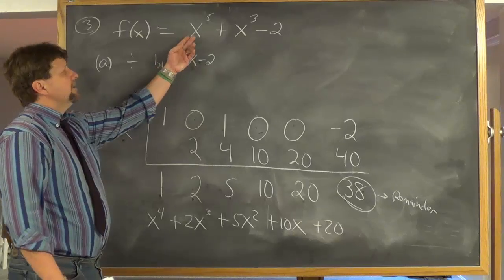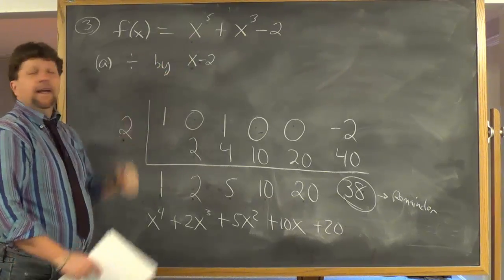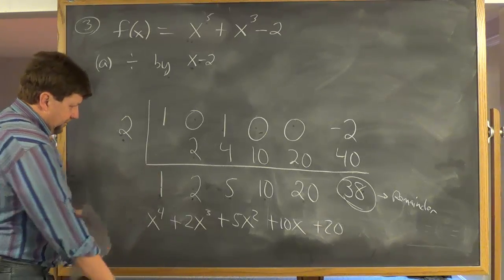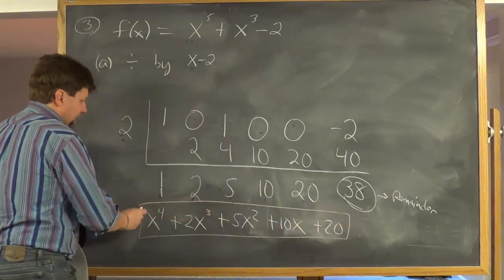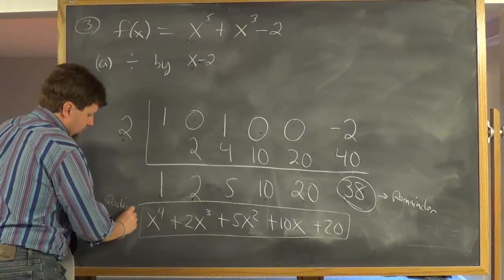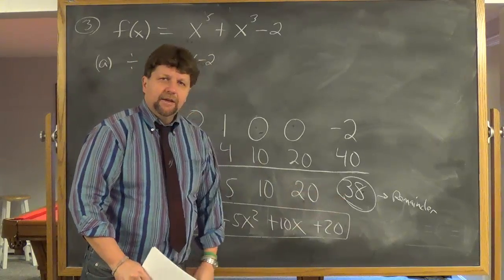So when you take x to the fifth plus x cubed minus 2 and divide it by x minus 2, you're going to get this polynomial here. That is your quotient, and you get a remainder of 38.